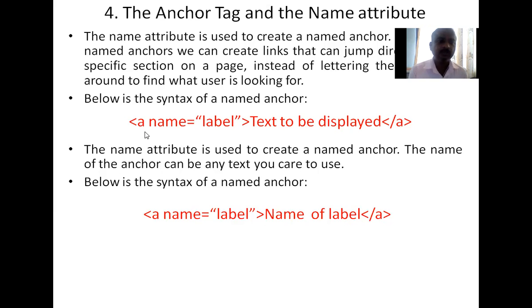One example here: anchor name and the label name, then information regarding that name, and the end of the anchor. The name attribute is used to create a named anchor, and the name of the anchor can be any text you care to use. Here, the named anchor is name equal to label and the name of that label.